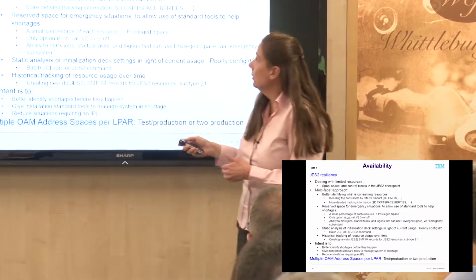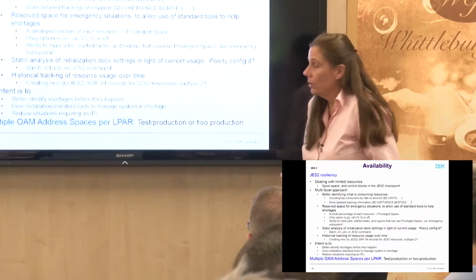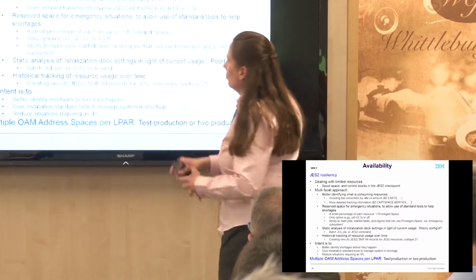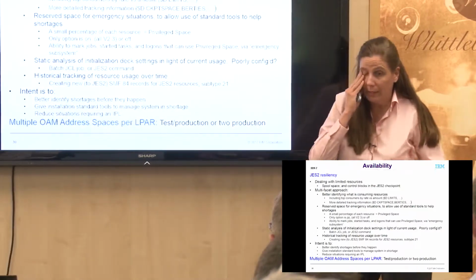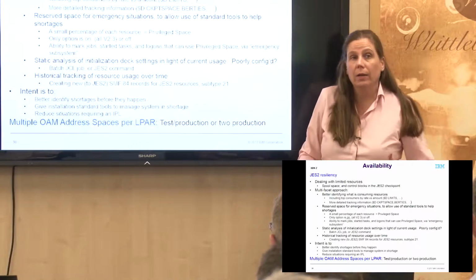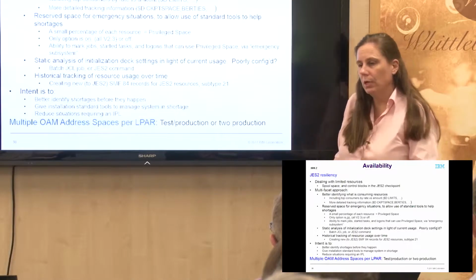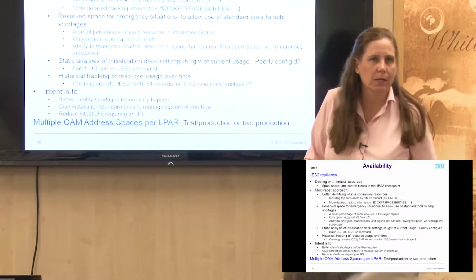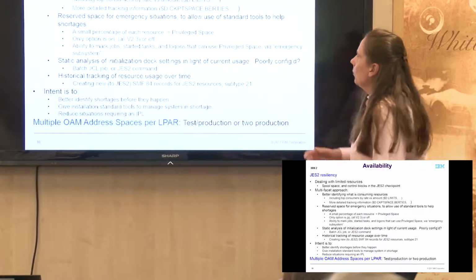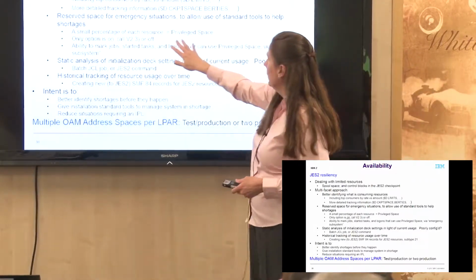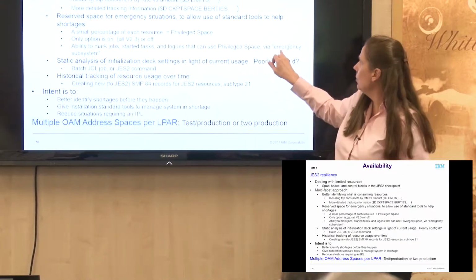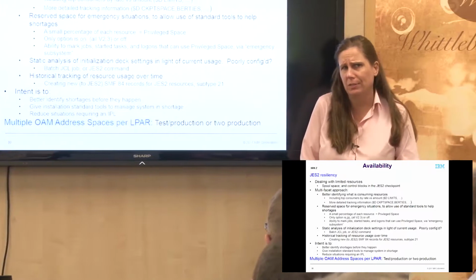First of all, it's dealing with limited resources. The idea here is that limited resources would be spool space or control blocks in the checkpoint, and the intention is that I'm going to be better able to tell you when the resources are running low and also do something about it as well. So one thing I really like is something called privileged space, and it's in a new emergency subsystem.